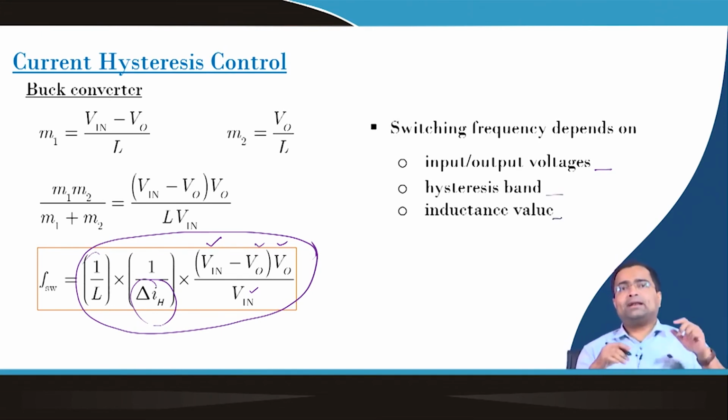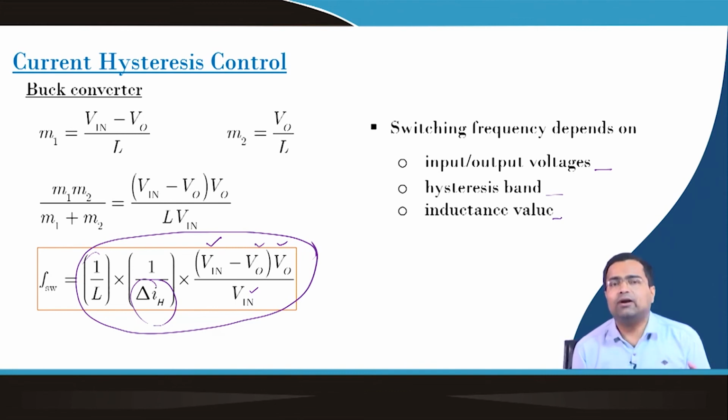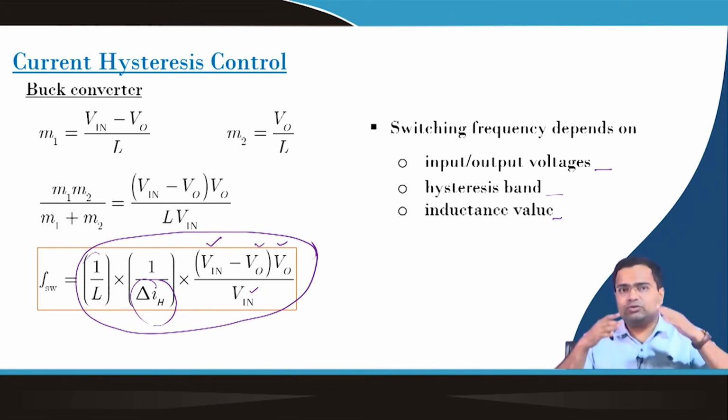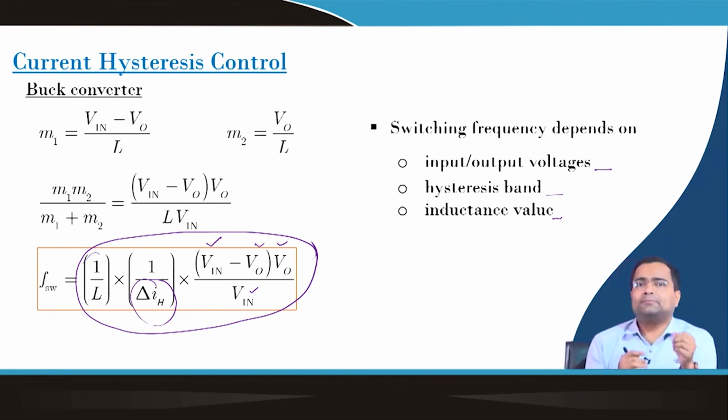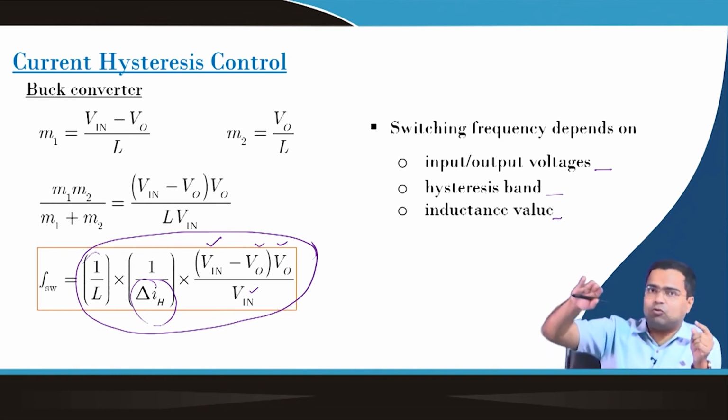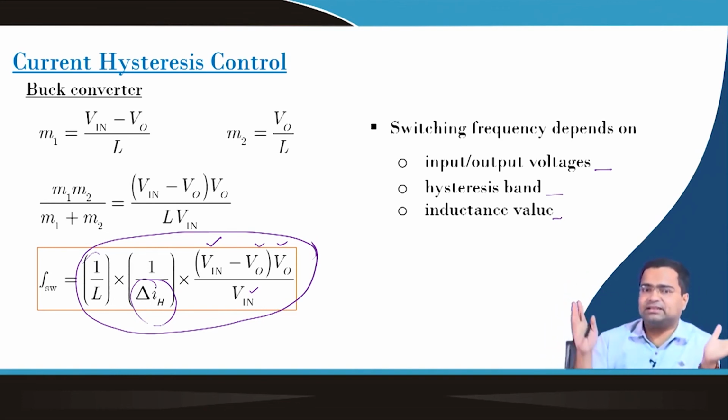So, if we operate in a wide load current range, where the current through the inductor can vary widely, there can be some variation in the inductance value, because if we look at the B-H curve of the magnetic core of the inductor, it will not always remain at exactly the same linear slope. There can be slight variation in the slope.